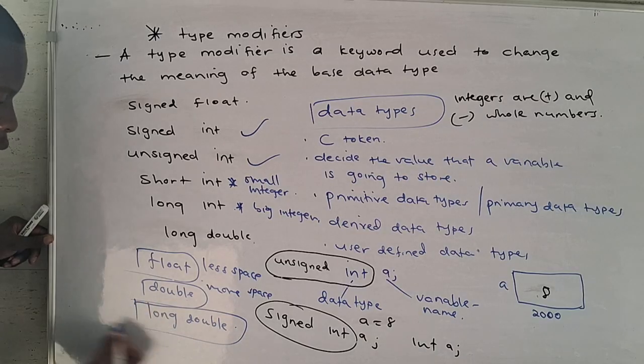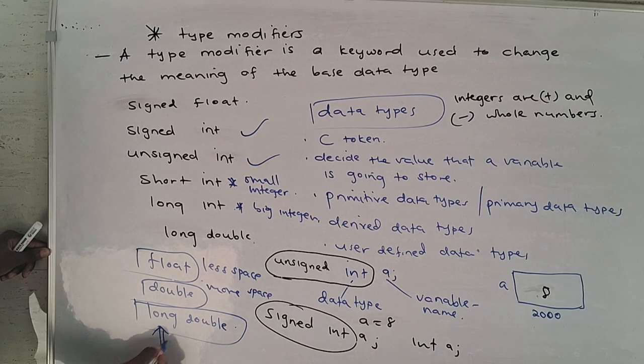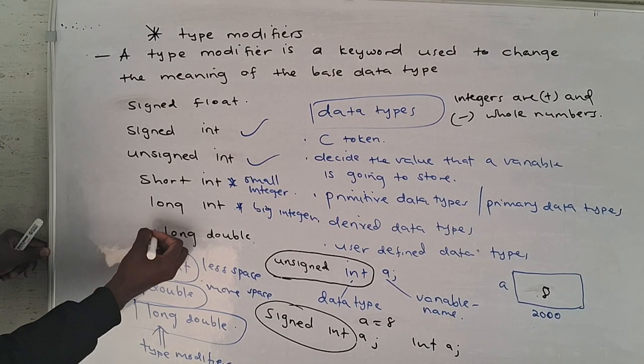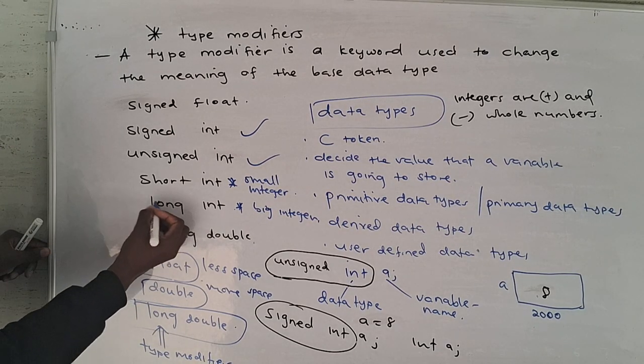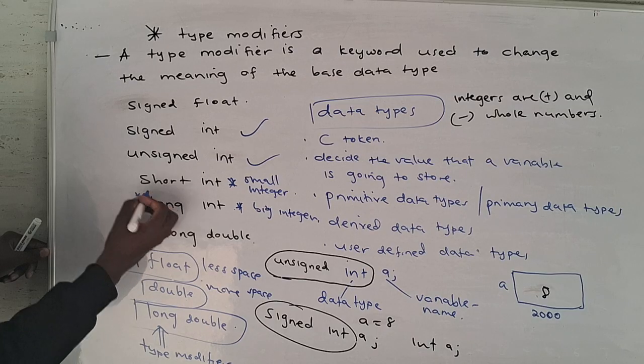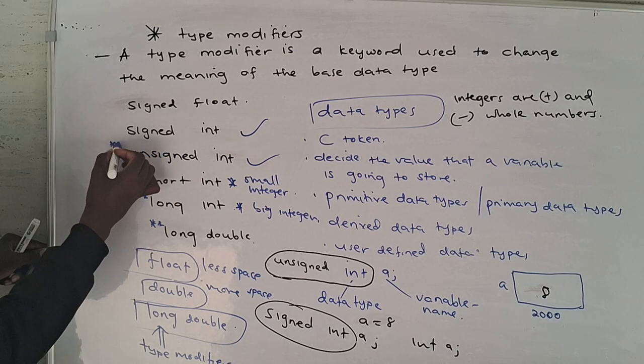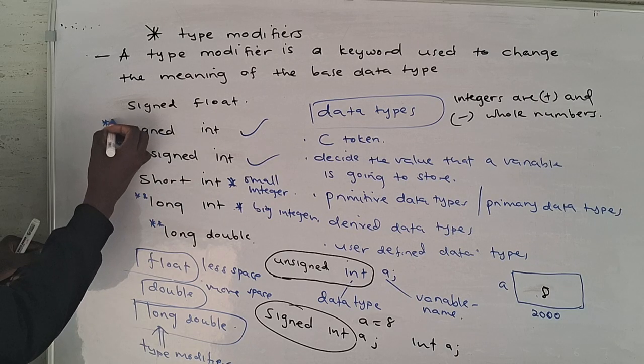This is what we call long double. So this long is nothing but a type modifier. Here again, long is a type modifier. Here short is a type modifier. This unsigned is a type modifier, and this signed one is also a type modifier.